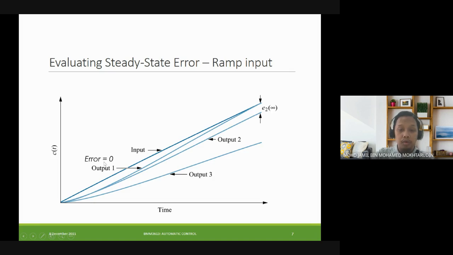So output number 1, the error is 0. Output number 2, the error is constant when the time approaches infinity. But for output number 3, if you extend the line, then the deviation from the input becomes larger. So the error will become infinity as the time approaches infinity.